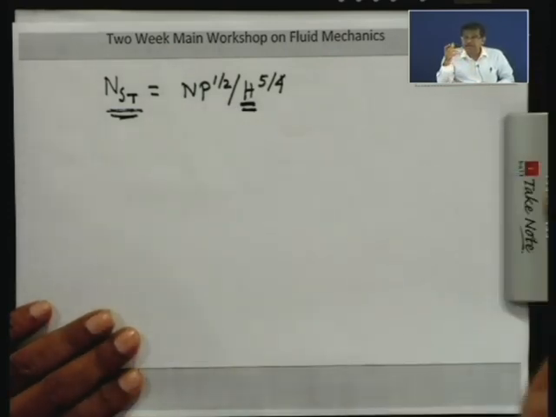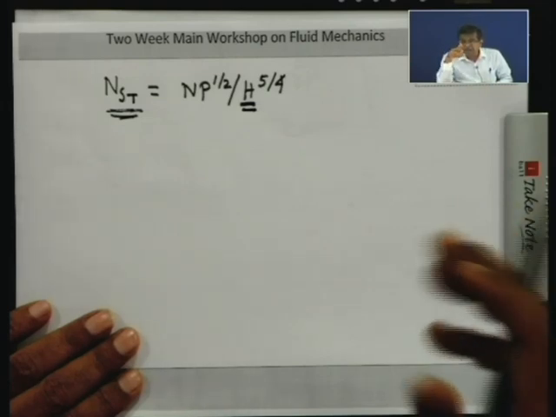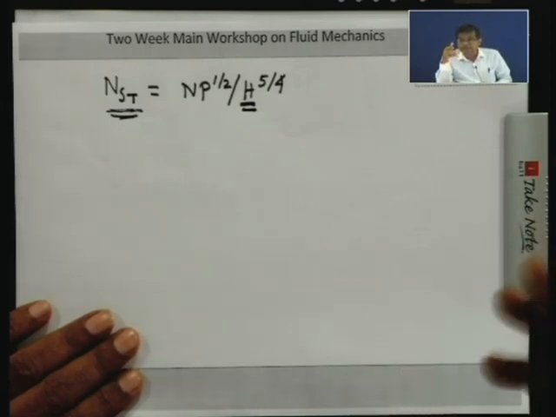Then to get a substantial power, you have to increase the flow, that means flow should be high. So the turbine runner blade should be designed in such a way that it accommodates more flow.